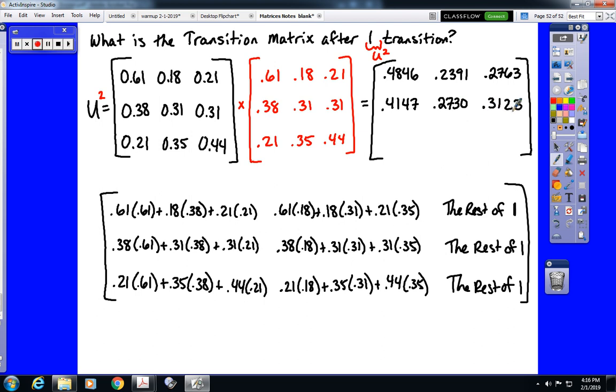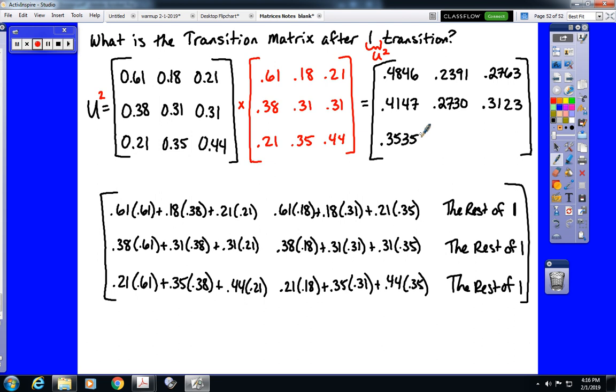And then we'll do the same thing for the third row. 0.21 times 0.61 plus 0.35 times 0.38 plus 0.44 times 0.21. Oops, I messed something up there. I missed a decimal point. Which is 0.3535.